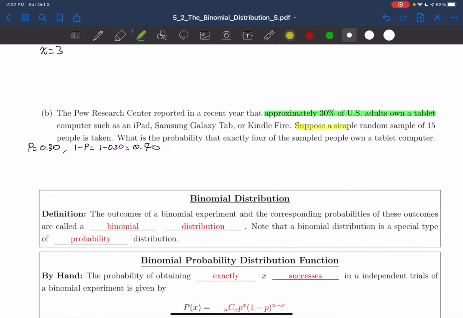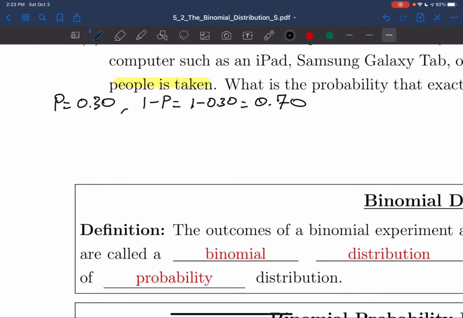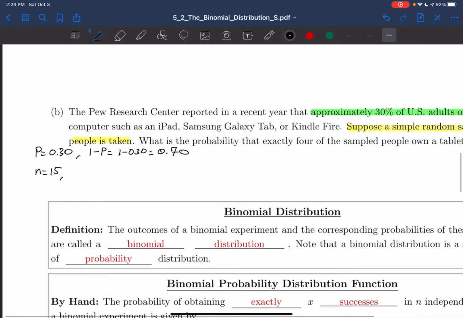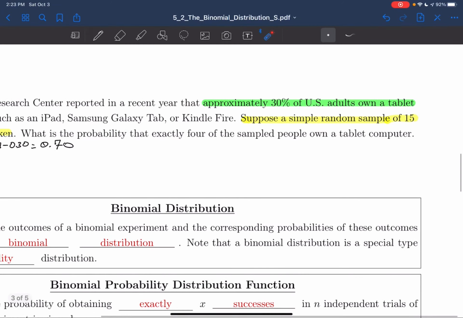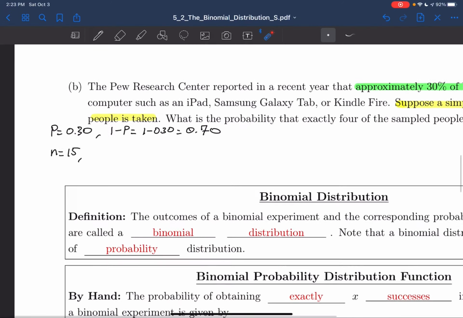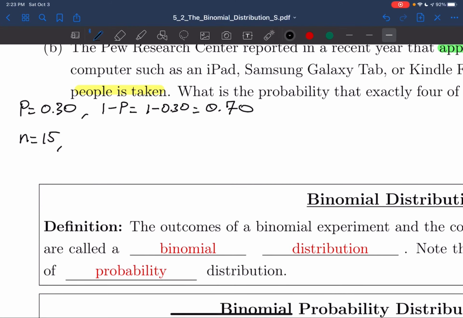Since they say that a random sample of 15 people was taken, the number 15 is our number of trials. So here n is 15. They want to know the probability that exactly 4 of the sampled people own a tablet. So here x is 4.